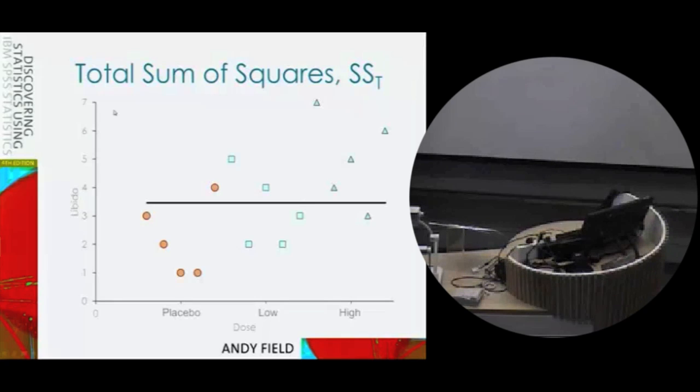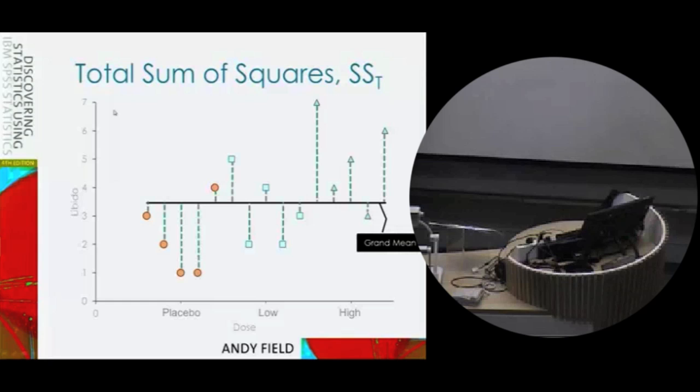If you remember back to when we talked about the linear model, we fit the overall mean of the data, so the grand mean of all libido scores. And so there it is, grand mean. And these things are the deviations. They're the differences between each score and the overall mean of all scores. So hopefully this might be slightly familiar.